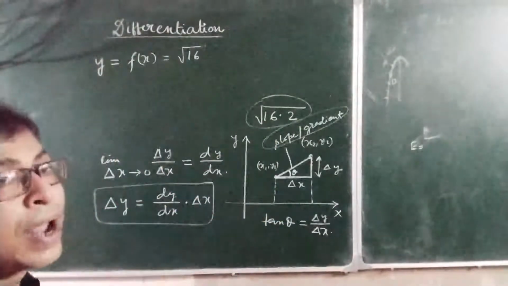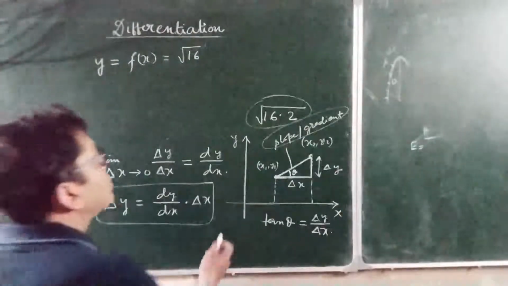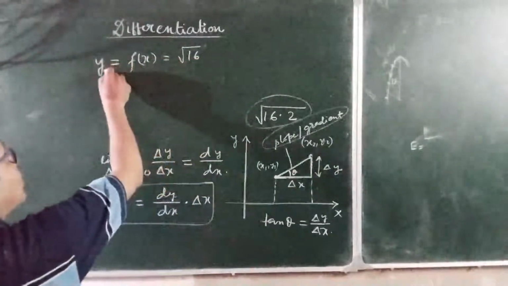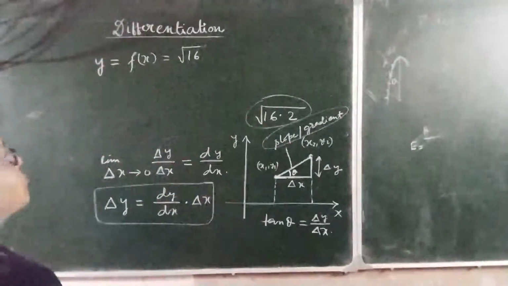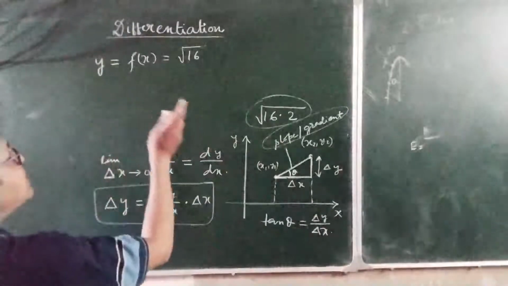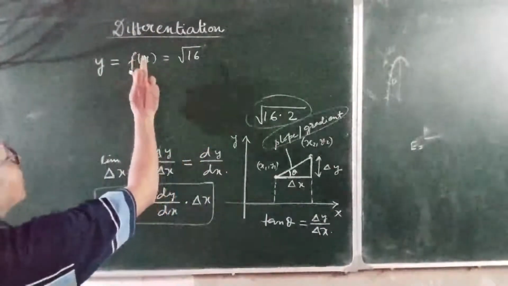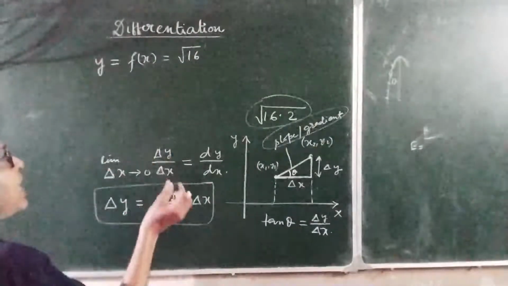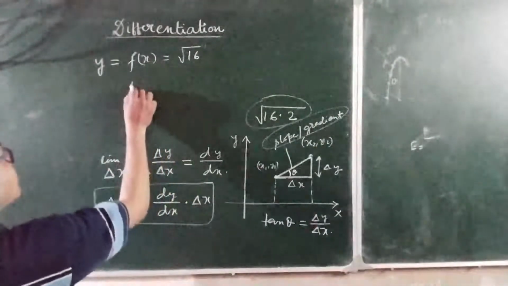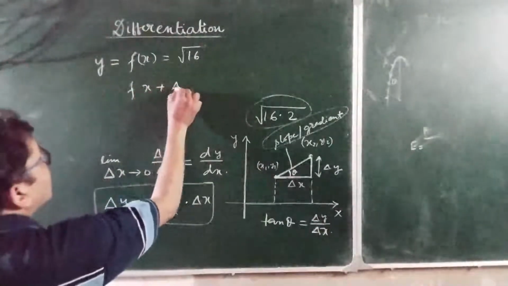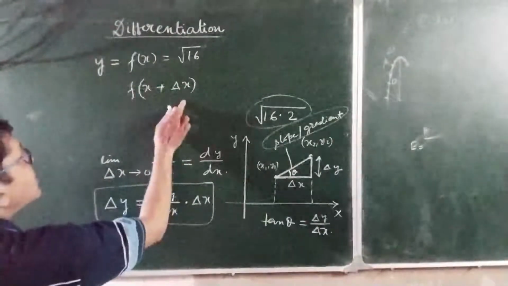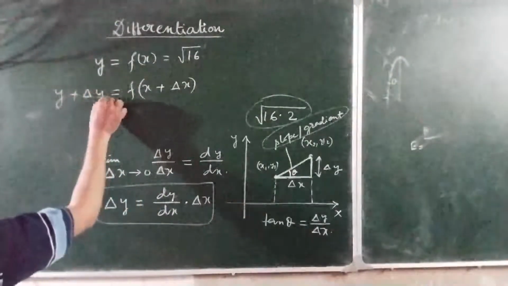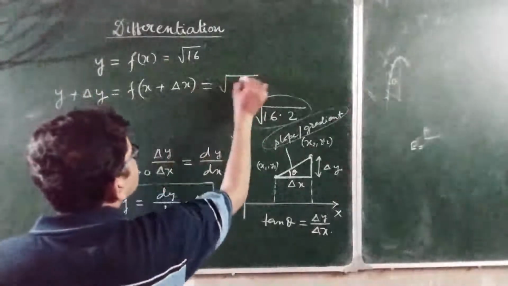That means we can take the square root of that number. So that is 16, and that can be considered as f(x) or y. Now if we change the value of x slightly, we can write this, and then that will be the new value of this function.